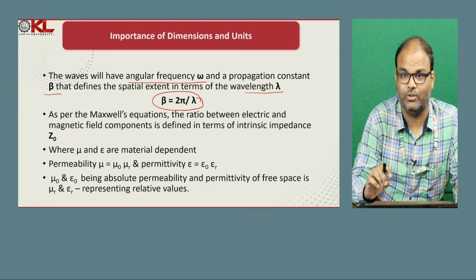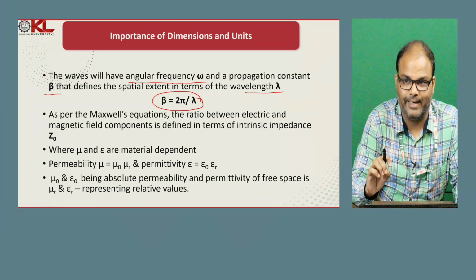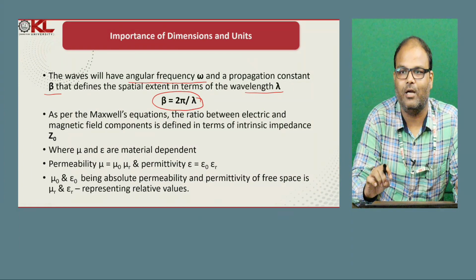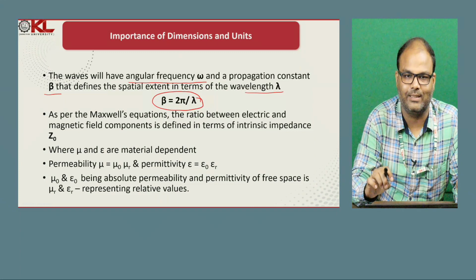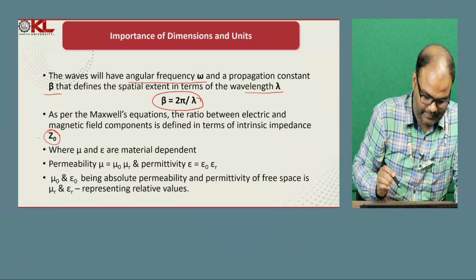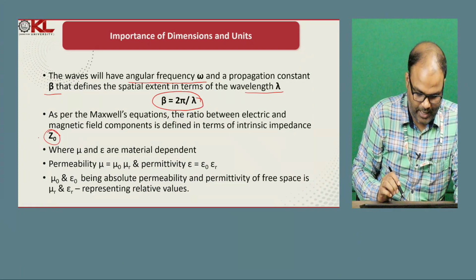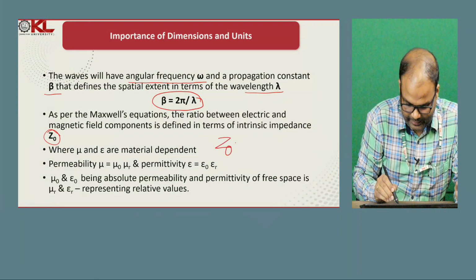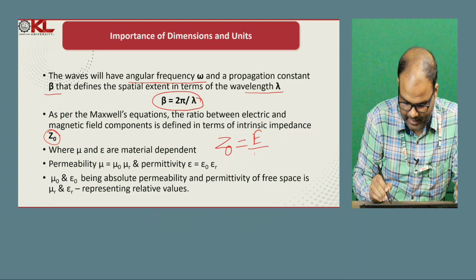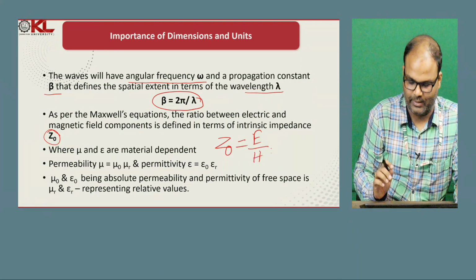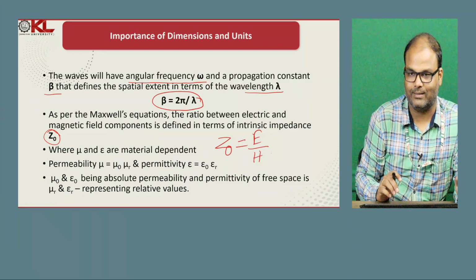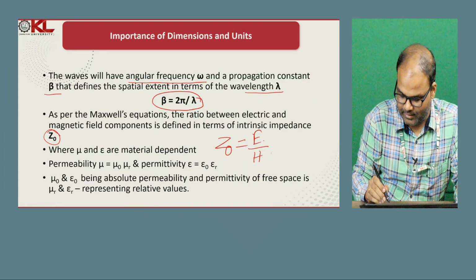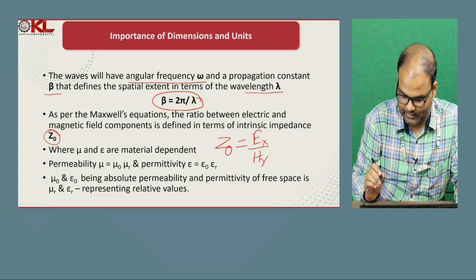As per Maxwell's equations, the ratio between the electric and magnetic field components is defined in terms of the intrinsic impedance Z0. So Z0 is always the ratio between the electric field and the magnetic field, so Z0 equal to E by H. If the propagation is in the z direction, then this one is x and this one is y.